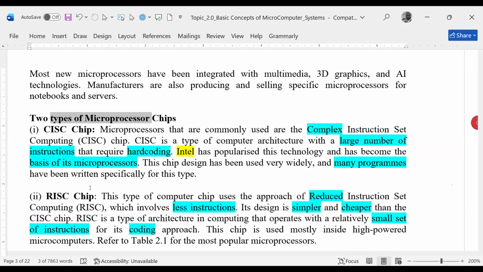And this type of architecture has become popular through Intel microprocessor technology. So if you switch on any machine and you see Intel, that means that technology is complex instruction set computing.